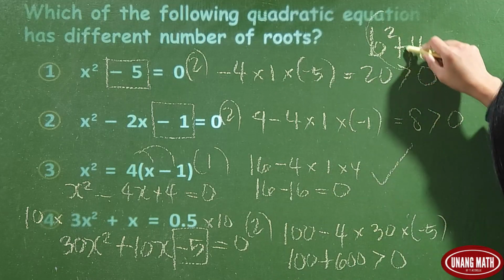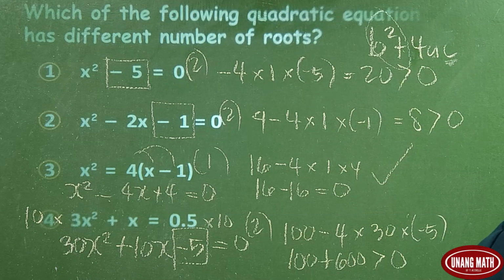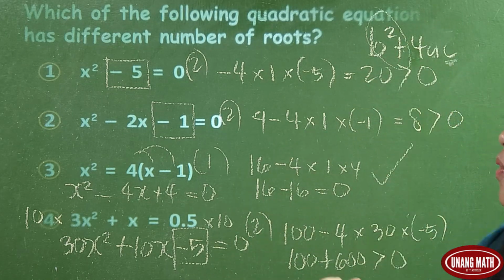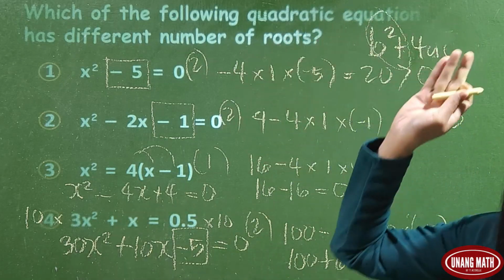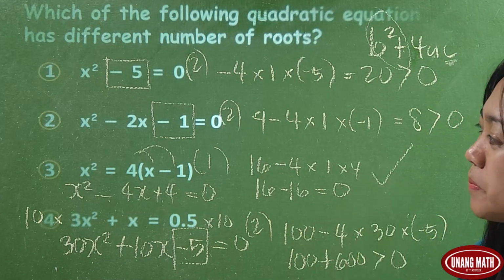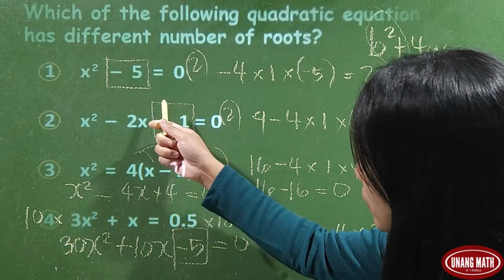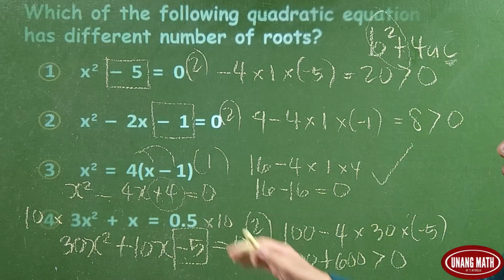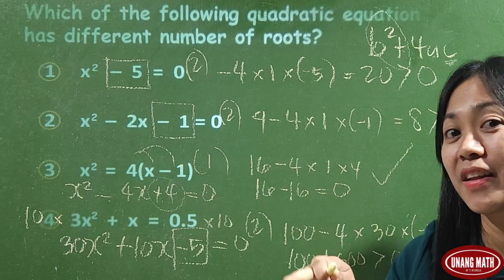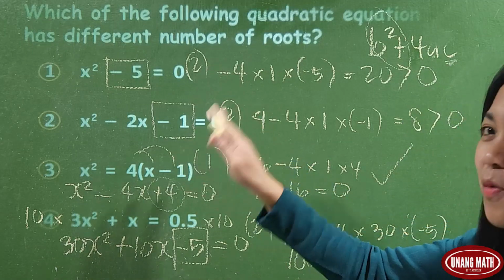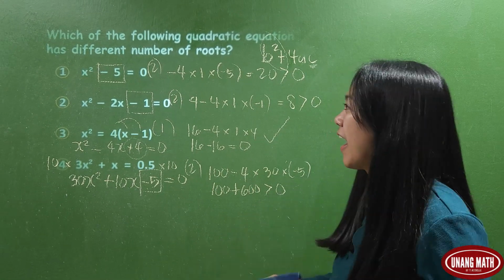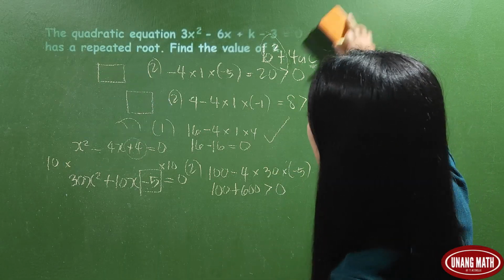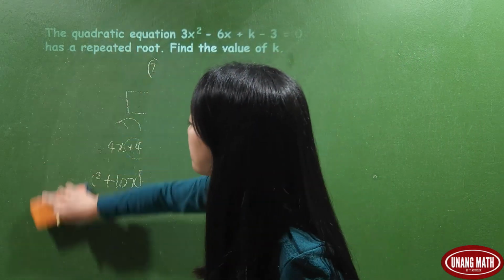So it means this value is more than 0, a positive value, so it has two solutions. But if the constant number is a positive value, then you have to make use of discriminants to find out how many solutions.